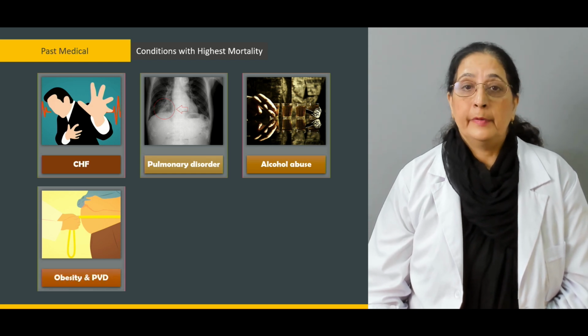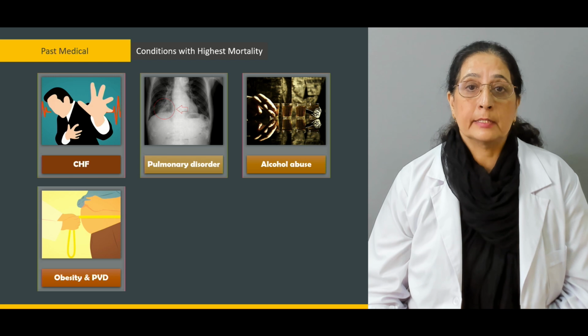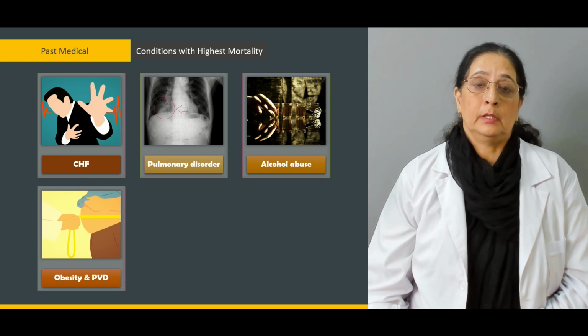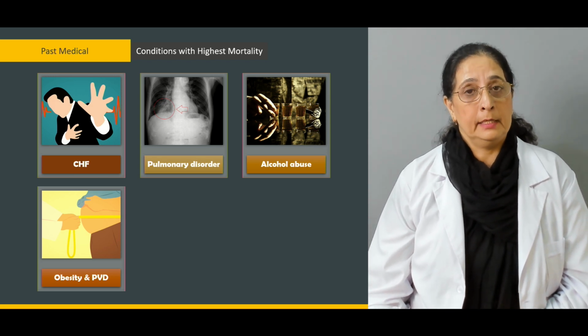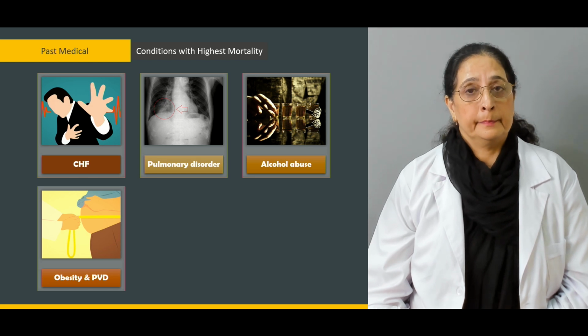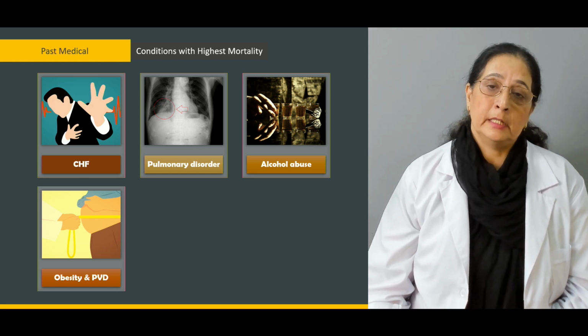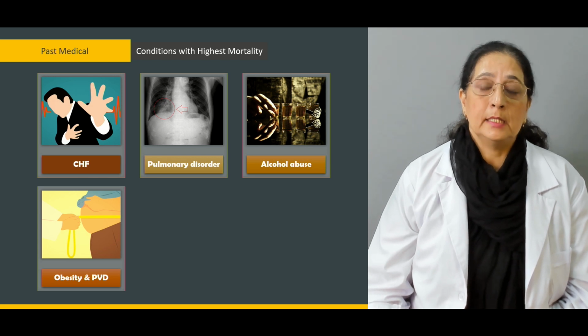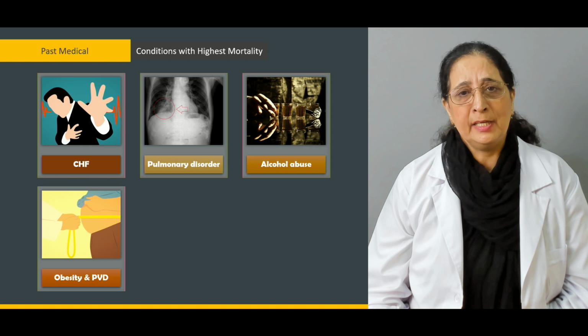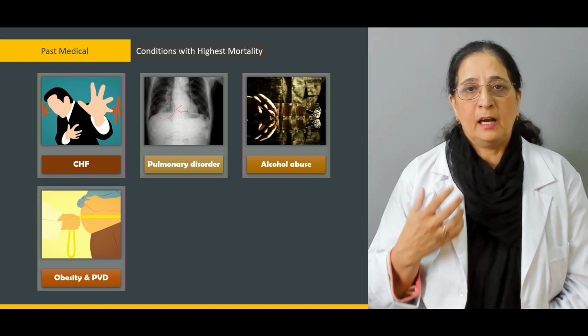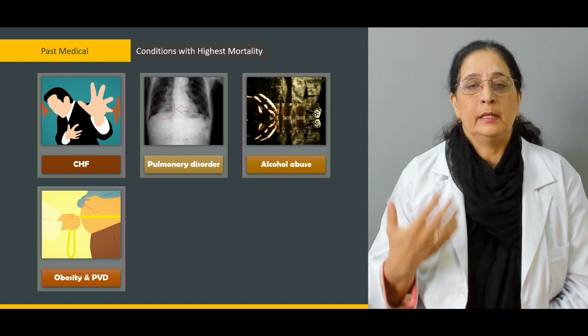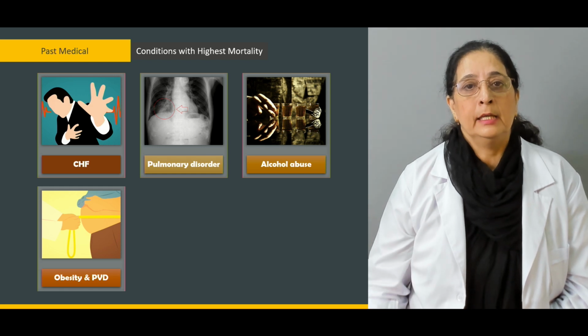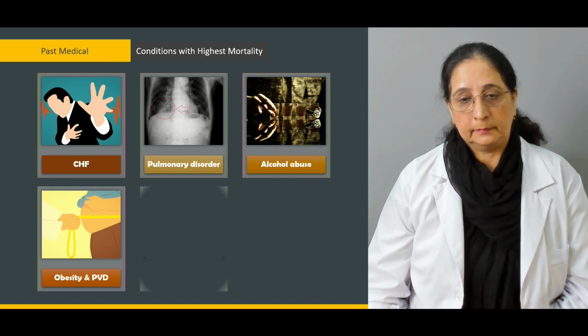Then we have obesity and peripheral vascular disease. Both can be very, very bad, and they are associated with high mortality rate. In obese people, it's hard even to manage the wound, and it takes long for the wound to heal.